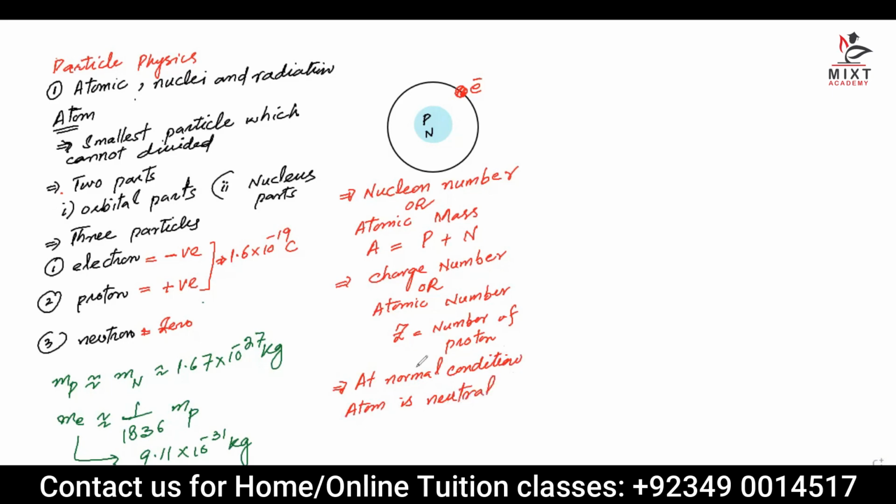What do we mean by neutral? Neutral means the number of electrons is equal to the number of protons. So this is considered to be neutral.